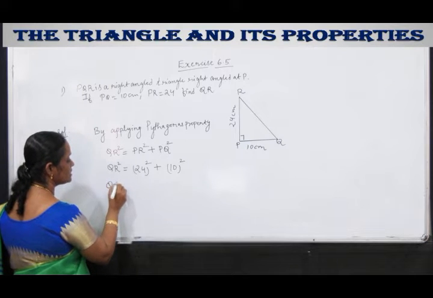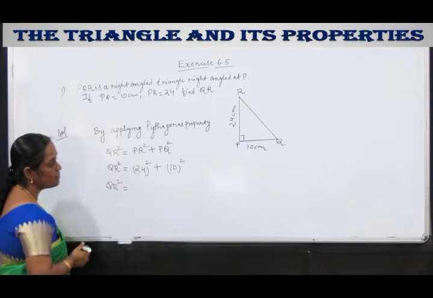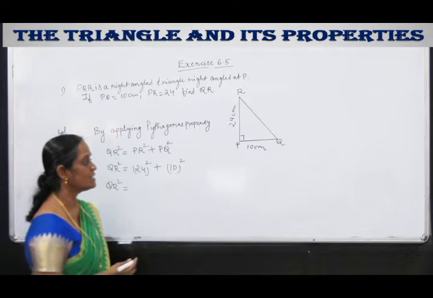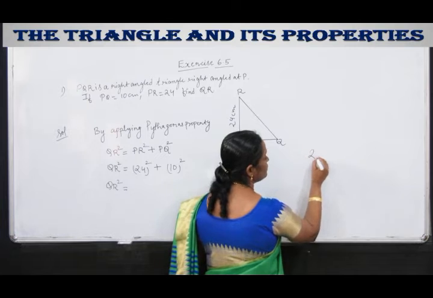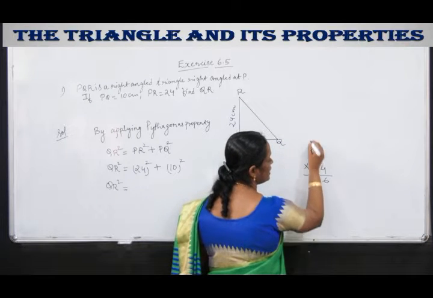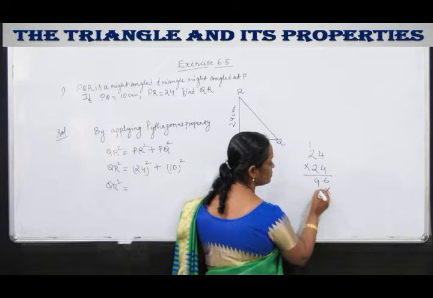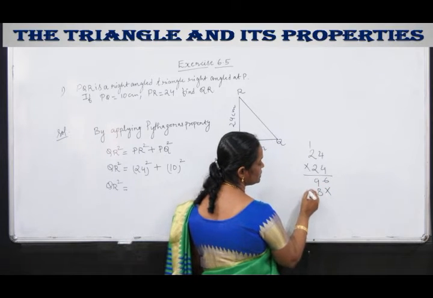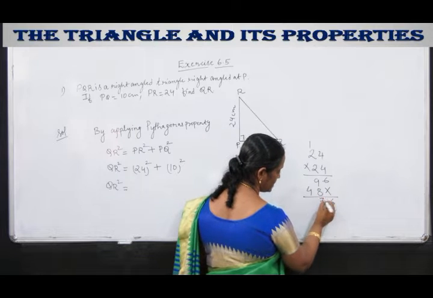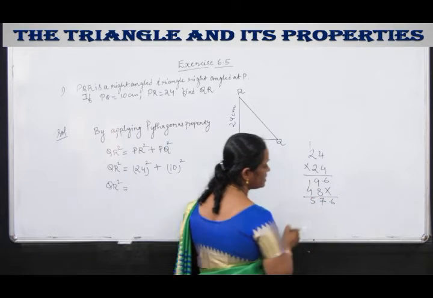QR square is equal to 24 square. What is the square of 24? 24 into 24. 4 4s are 16, 1 carried over; 4 2s are 8, 9; 2 4s are 8, 2 2s are 4, 6. 9 plus 8 is 17, 1 carried, 576.